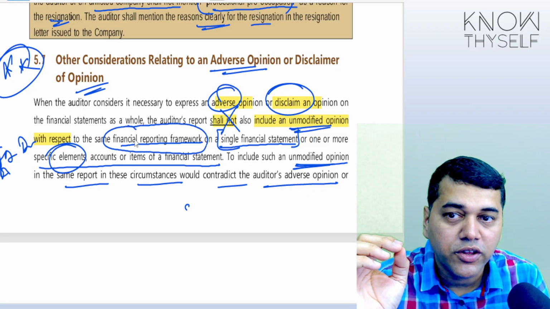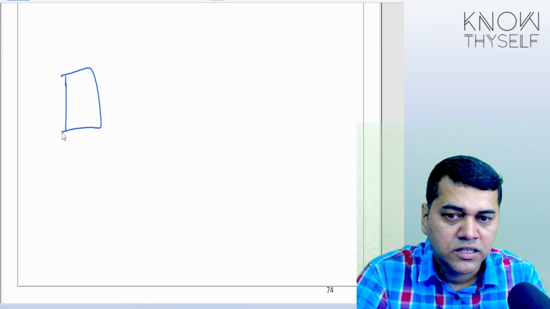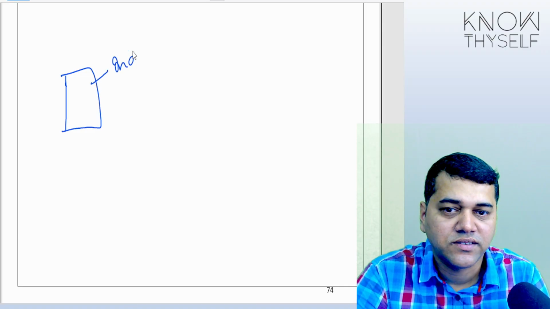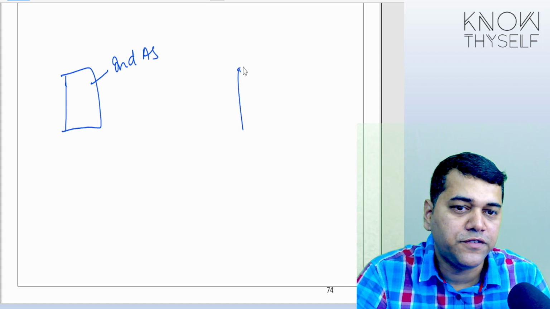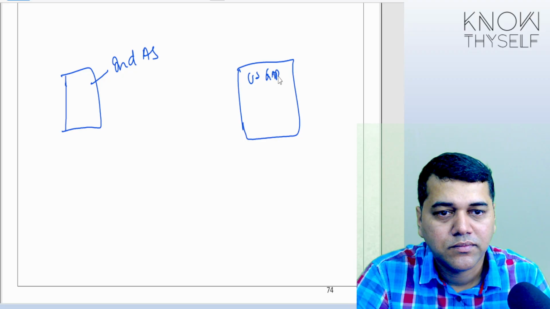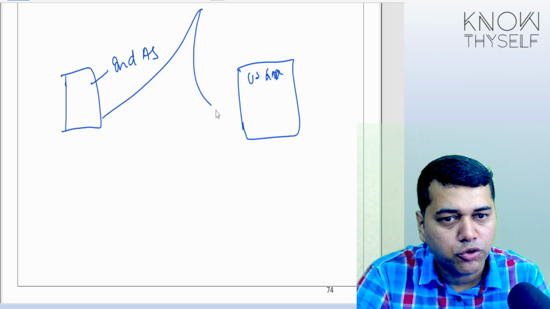So what are you trying to tell? See, this is the financial statement you are supposed to audit as per Ind AS. This is the financial statement you are supposed to audit as per US GAAP. Tell me students, is it not the same numbers which will flow into two financial statements?